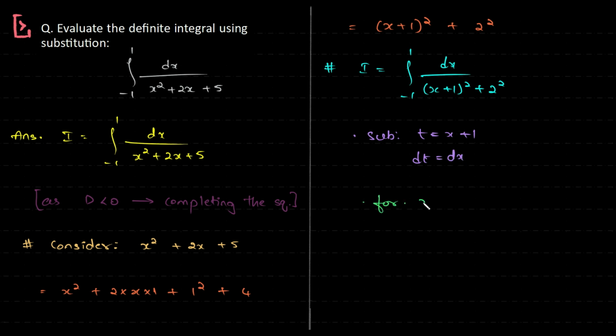For x equal to 1, we are changing the limit also. This is 2. And for x equal to minus 1, t is equal to 0. Then I would be the integral from 0 to 2 of dt by t square plus 2 square.